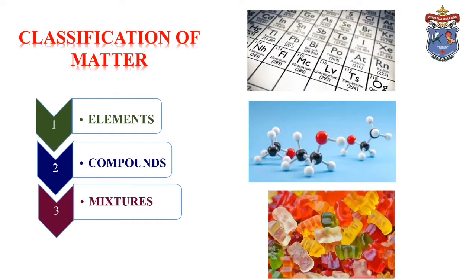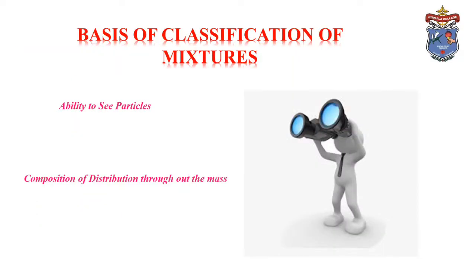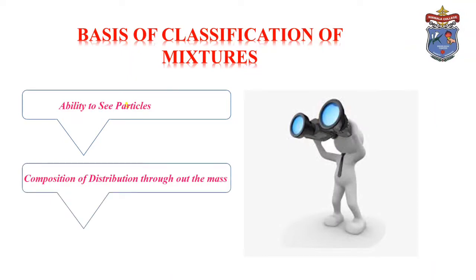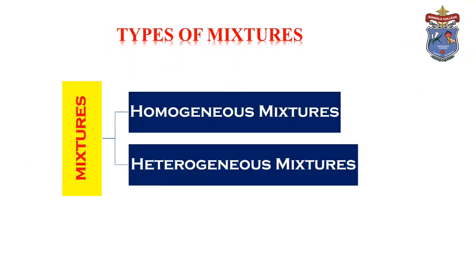Mixtures. Mixture is a substance that is formed when two or more compounds or elements are mixed in any ratio. For example, air, sand, etc. On the basis of the ability to see the particles and the composition of distribution throughout the mass, mixtures are classified into homogeneous mixtures and heterogeneous mixtures.